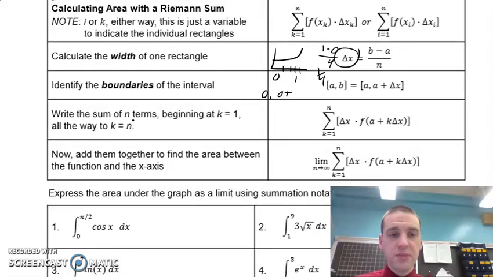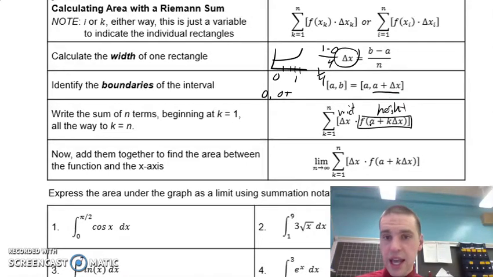We're going to write the sum of n terms beginning at k equals 1 all the way to k equals n. This right here is going to give us the width. We talked about that width there. This is going to give us the height, the height being a plus k times the change in x.